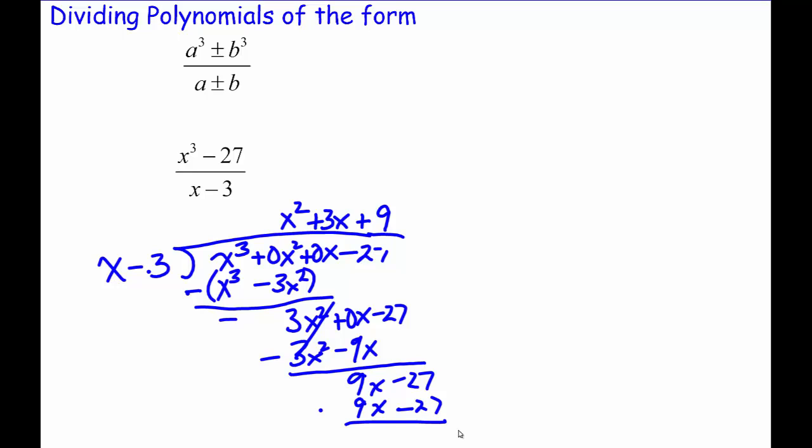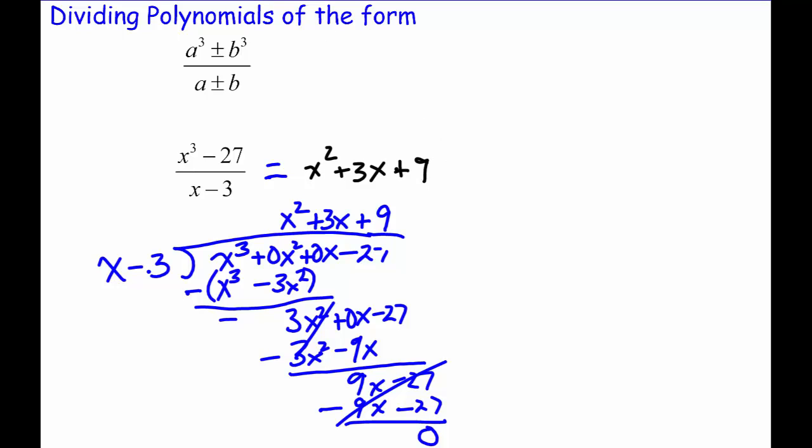And then, of course, subtract again, and these just cancel out. And you're left with no remainder here, so you get a 0 remainder. And so this actually divides to equal the quotient, which is just x squared plus 3x plus 9.